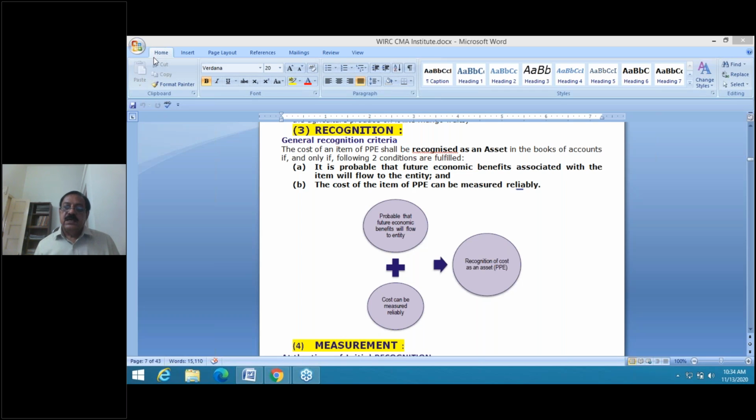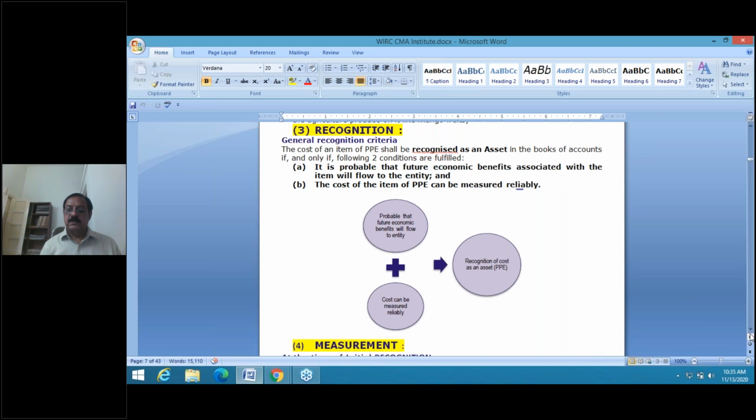Is it to be shown as an asset or as an expense, friends? So obviously the answer is, it is not to be shown as an asset because no future economic benefits will flow to the entity because no cash flow will come. Cost can be measured, but this cannot be shown as an asset in the books.